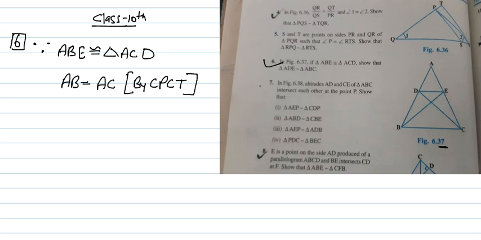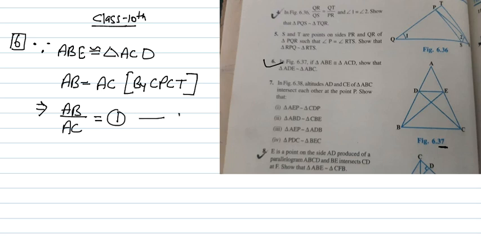In the first case I have taken AB equal to AC. Now I am taking AE. Before going further, I am doing one more operation here. AB is equal to AC, so you can write AB upon AC is equal to 1.